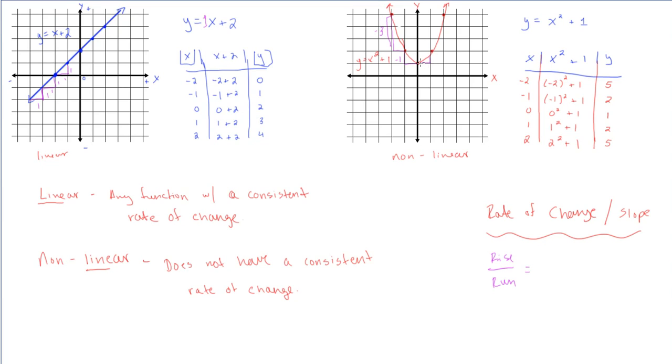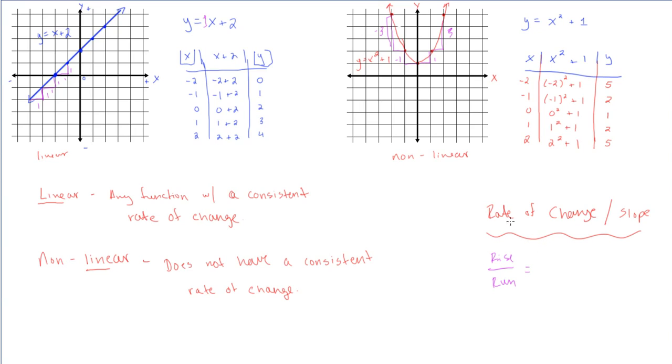This guy then goes up by 1 when it travels 1 over, and then it goes back up by 3. So not only does the slope change because we start at negative, right? It's going down, it has a negative slope, and then it's going up into a positive slope, right? The steepness rate also changes. Okay, so how fast it falls or rises also changes. Okay, so this is a nonlinear function because it does not have a consistent rate of change.